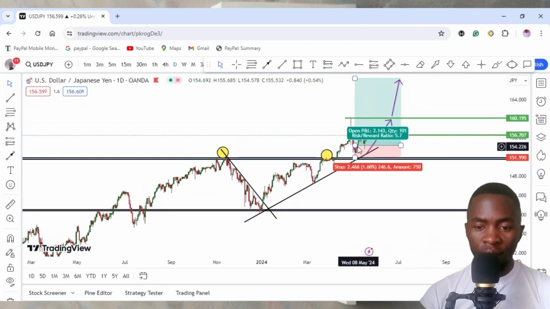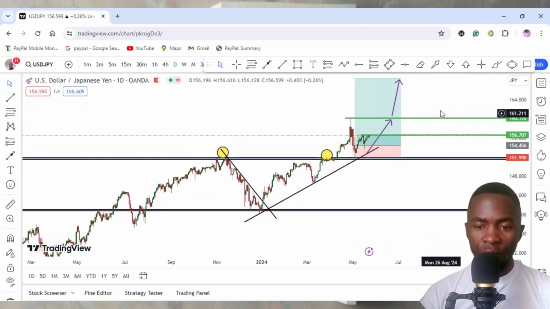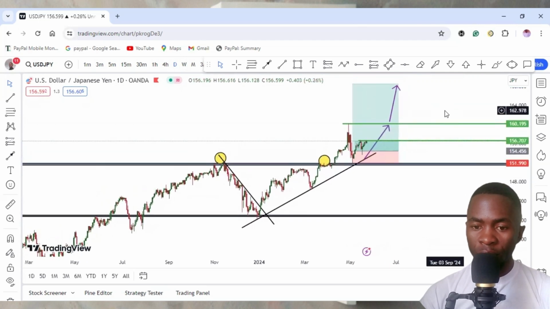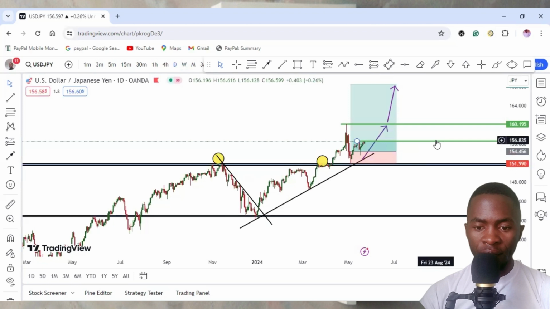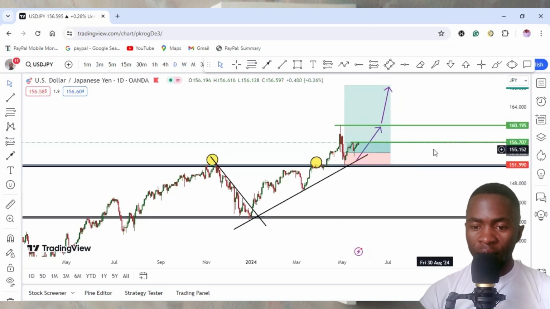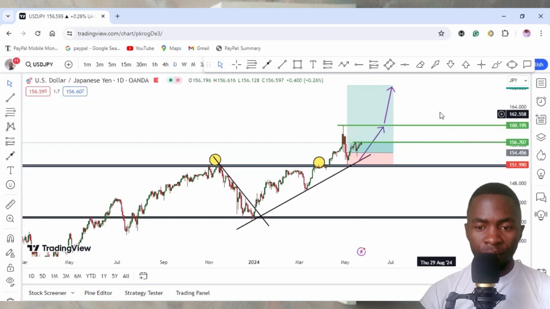I entered around here. Now I'm in good profit, almost 50 to 100 pips. So I'm waiting for the market to break this green line so that I can break even my trades.